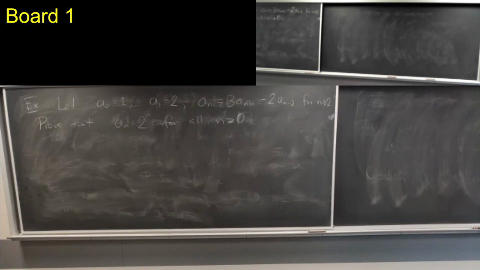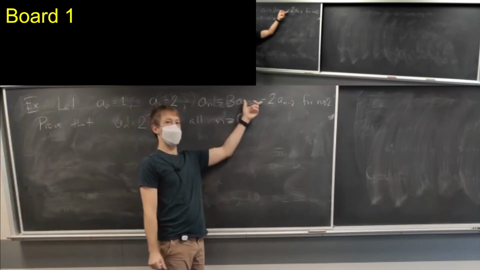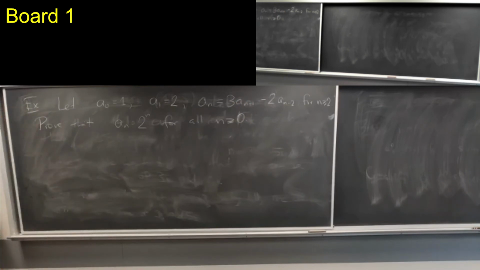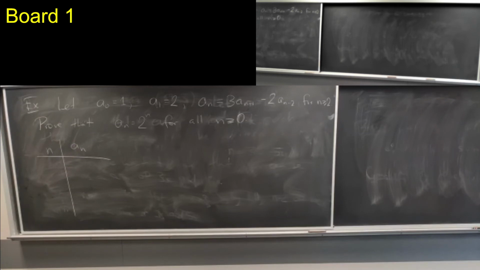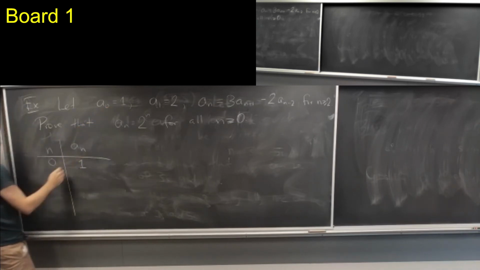Now, I'm not sure whether these recursive definitions are clear to everybody. Let's write down a few values. You don't have to do this if you're proving something, but it doesn't hurt. If n is 0, a0 is 1. If n is 1, a1 is 2.